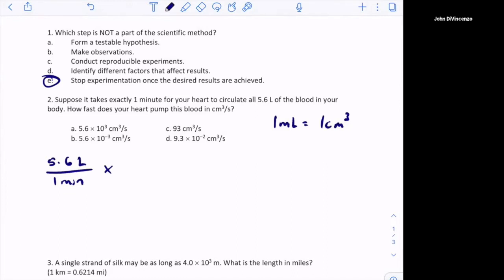Is that what we're asked? Cubic centimeters per second. So 1,000, if you want to do it like this, 1,000 milliliters. See, I've already done it wrong. Why do I know I've done it wrong? Right, we're not canceling out. I'm going to wind up with liters squared over milliliters, which is nonsense. So let's erase that.